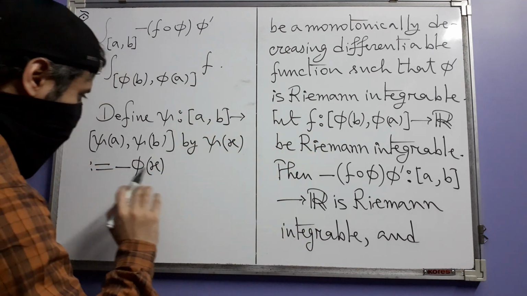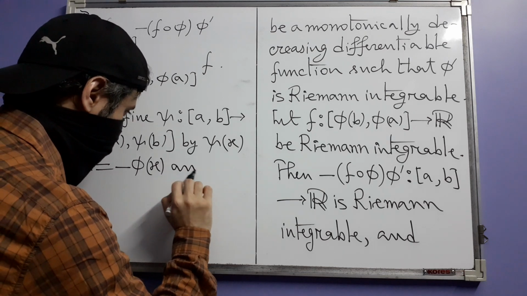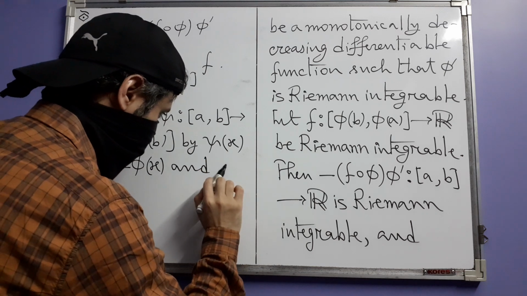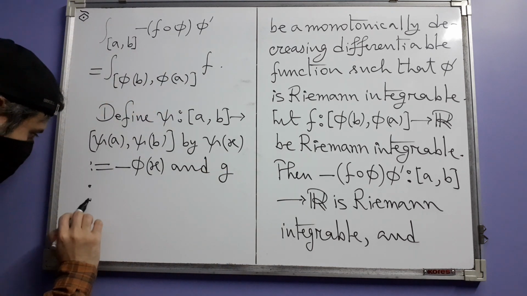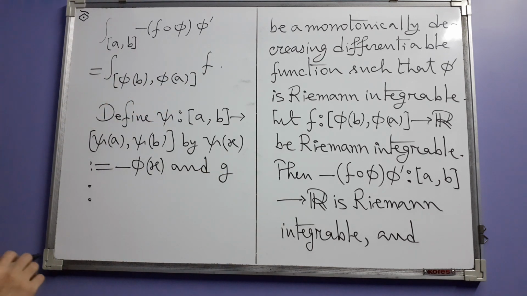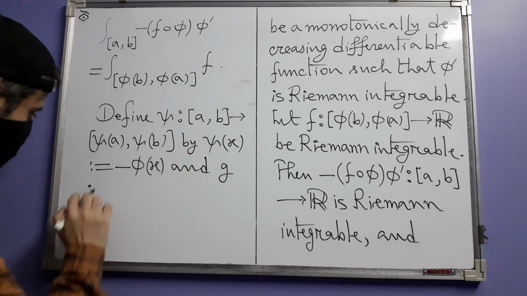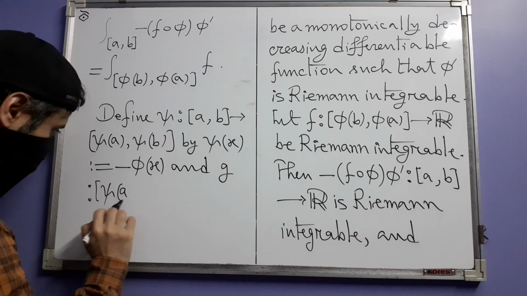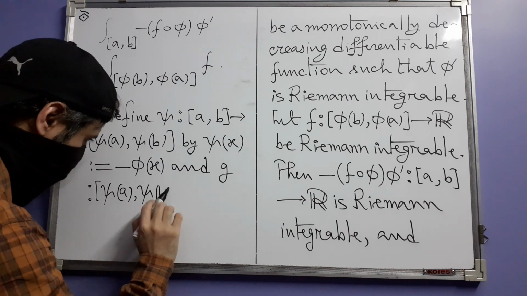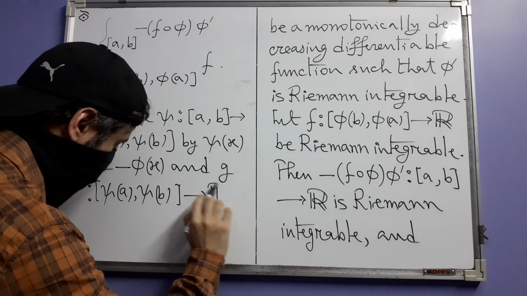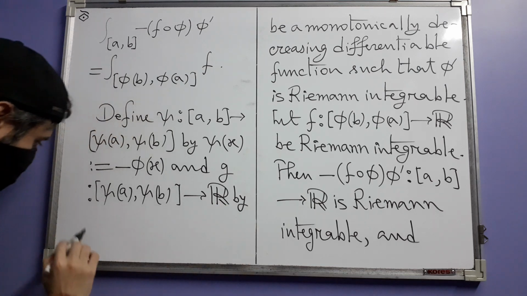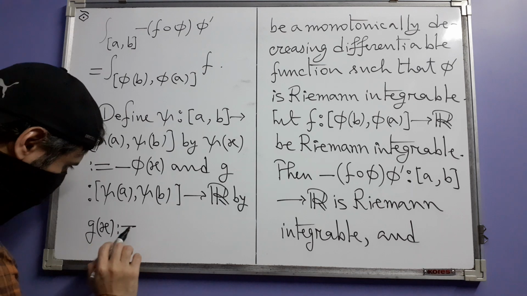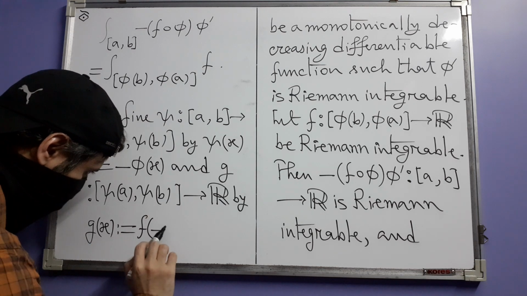I cannot of course call it again f. Let me call it g. G will be defined from [psi(A), psi(B)] to R by this rule, g of x equals f of minus x.